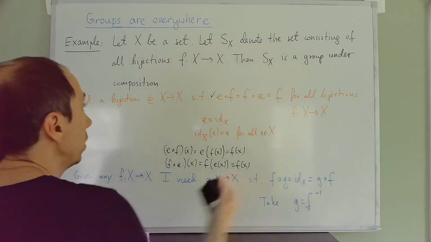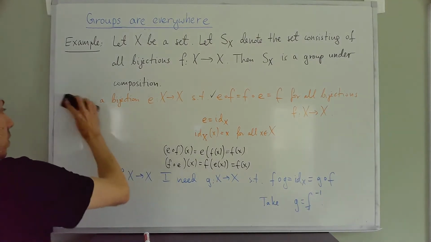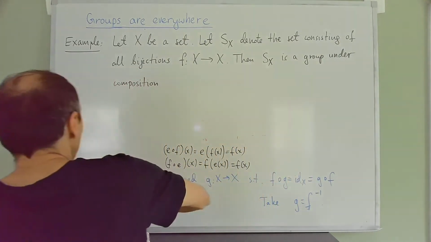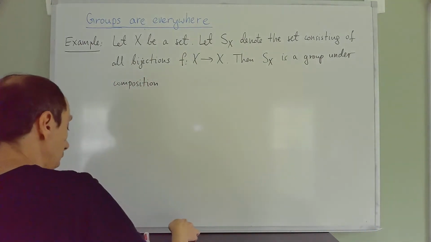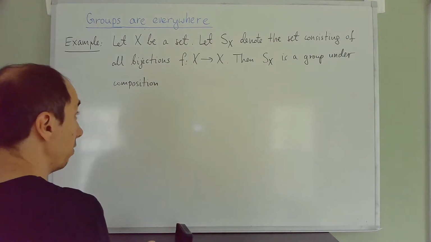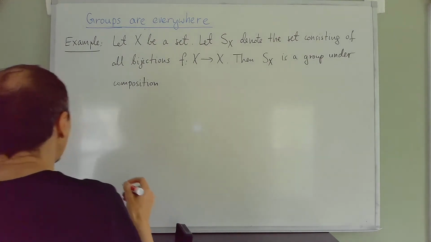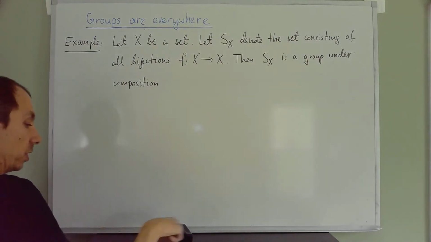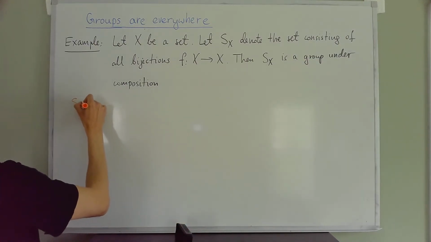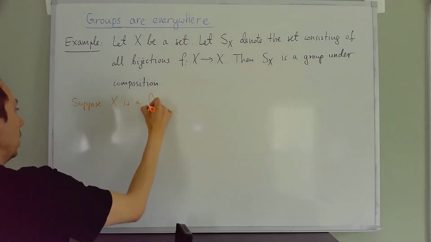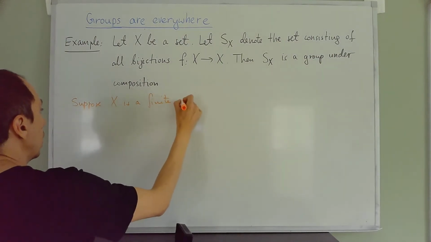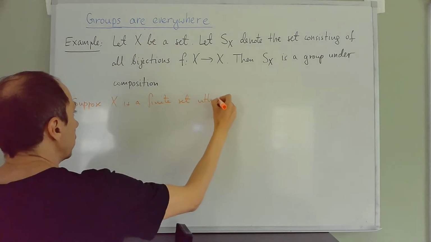There are some very important examples we're going to spend a lot of time studying in this class. That's the case when X is a finite set with n elements.